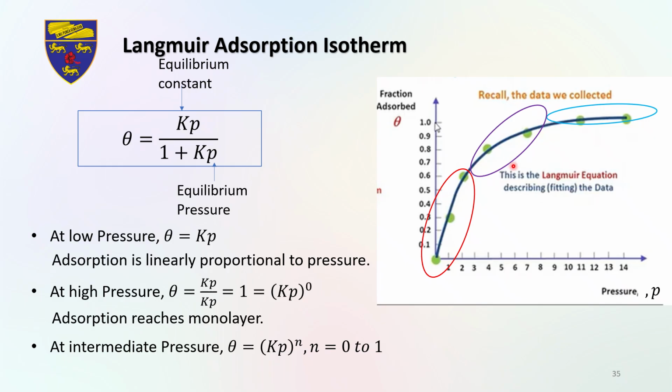While at the intermediate pressure, the amount of gas adsorbed on the adsorbent increases as the pressure increases. Theta ranges from 0 to 1 in this intermediate pressure region.